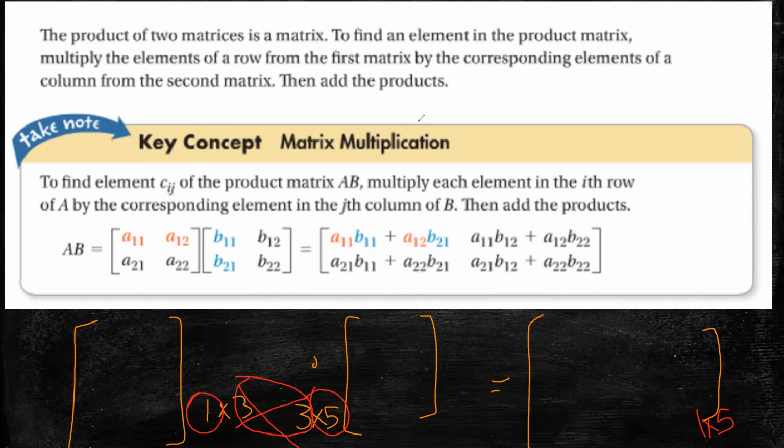Later on, I will tell you about it. I want to tell you that, like in addition and subtraction, if you add two matrices, we must get the same matrix with the same dimension. Here, I can multiply any two matrices, and if I multiply them, I will get a new matrix.